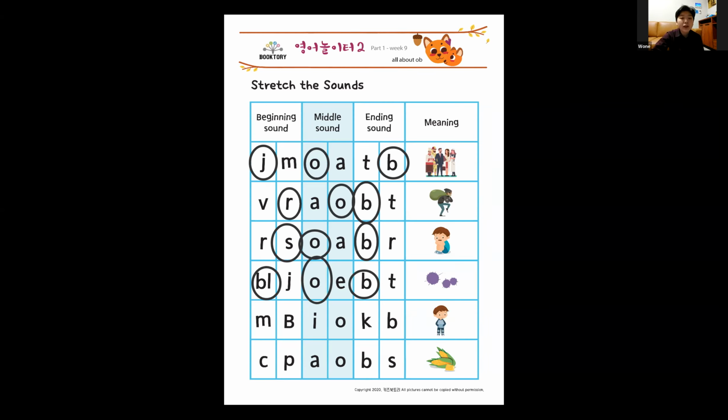Since it's a name, we need a big B. B, b, b. Oh, very good. Very nice. Finally, we have cob. K, k, c, o, b, b, b. Cob.